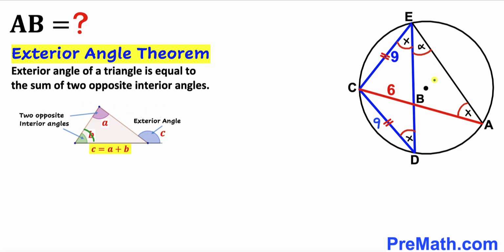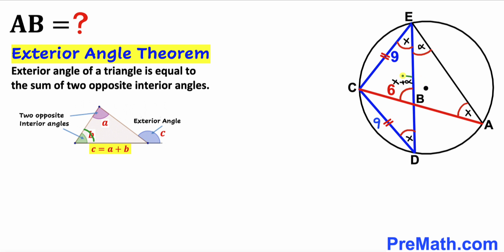So in this triangle ABE, these are the two opposite interior angles, and this is our exterior angle, and this exterior angle is going to be equal to the sum of these opposite interior angles, X plus alpha.